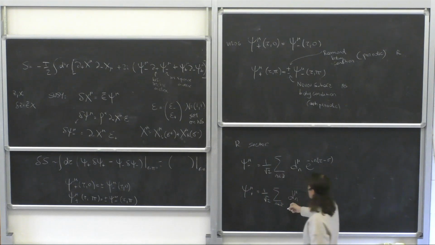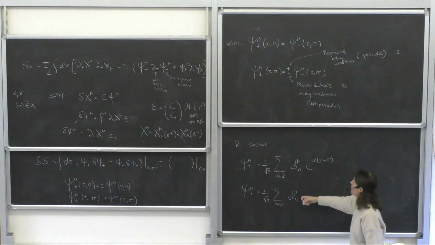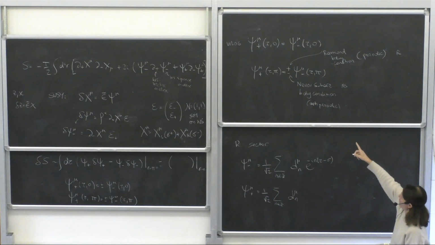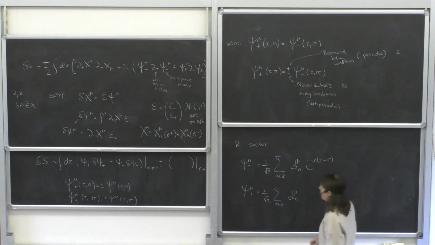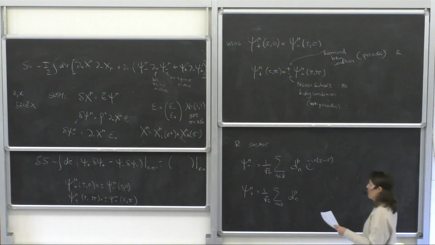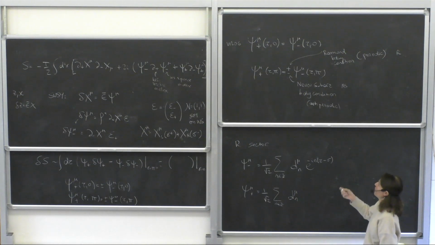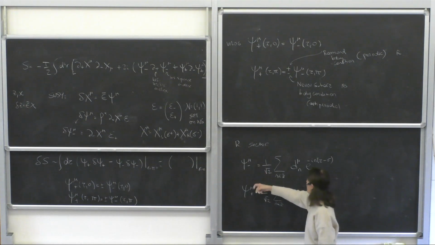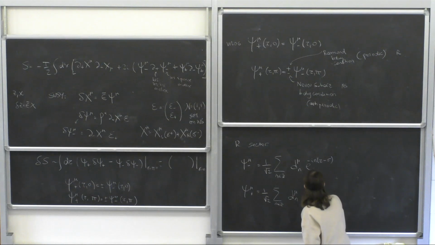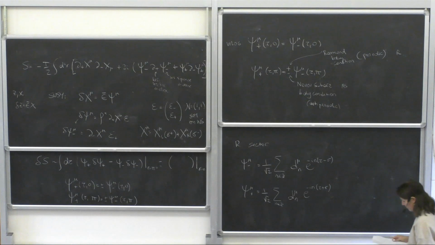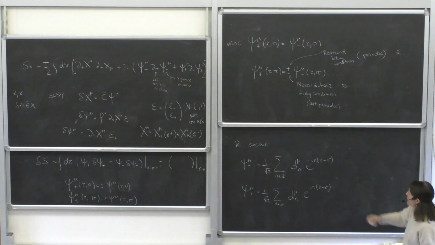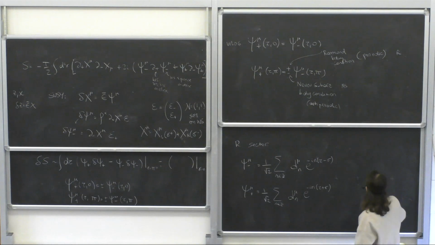The modes are the same. I don't have d and d tilde because the boundary conditions mix plus and minus, like in the x's where the boundary conditions mix left and right. Here the boundary conditions mix plus and minus, so I have a single set of modes. And since these are Majorana, these components have to be real.